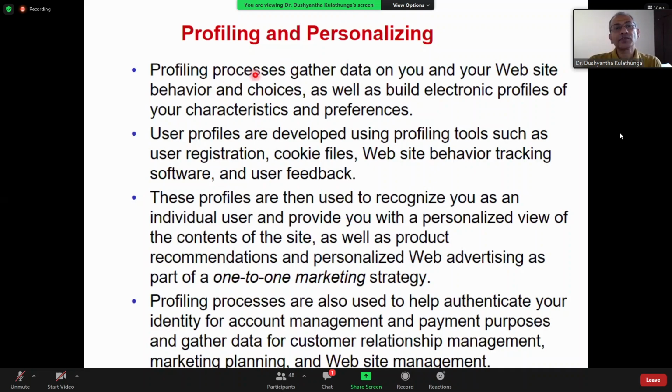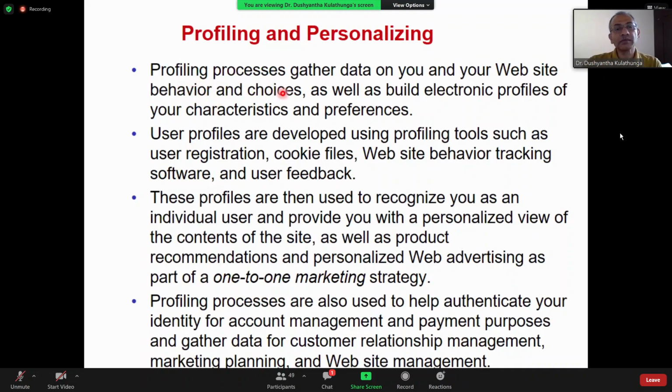Profiling and personalizing. Profiling processes gather data on you and your website behavior and choices, as well as build electronic profiles of your characteristics and preferences. Profiling is a process which will collect data about the individual users of the website and their behavior and also their choices.